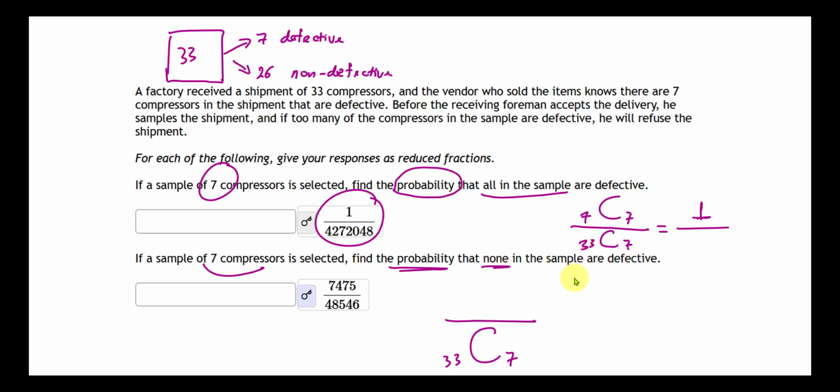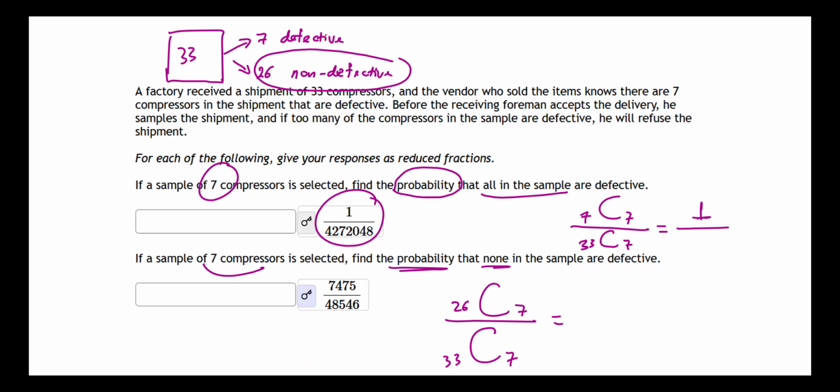So you don't want any of the defective items, so I'm going to focus on the non-defective ones. We have 26 of them, and you want the 7 compressors selected to come from the list of the non-defective. So 26 choose 7.